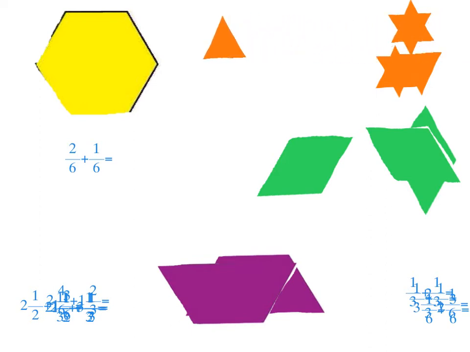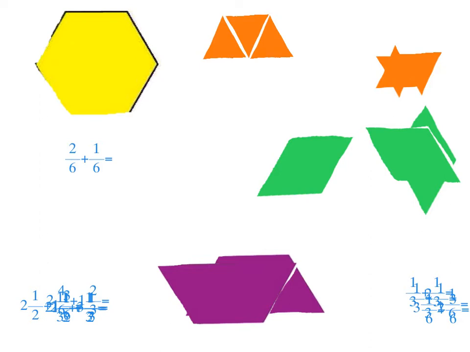So if I had 2/6 plus 1/6, basically this is what's going to happen, right? My answer would be 3/6 when I add those together. Okay, I'm showing you with pictures and pattern blocks because sometimes it makes it a little bit easier to understand. Okay, so that was our 2/6 plus 1/6.